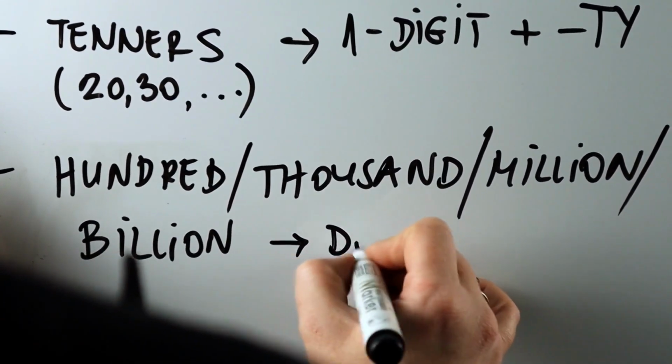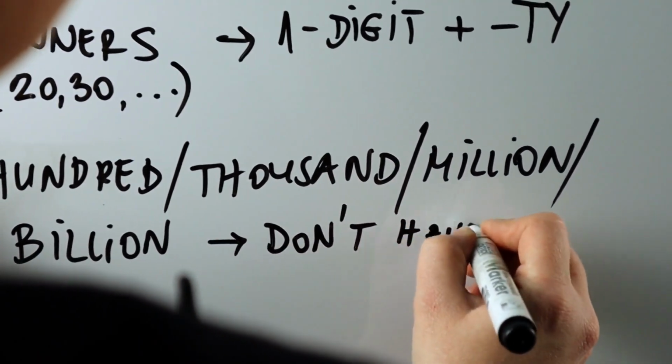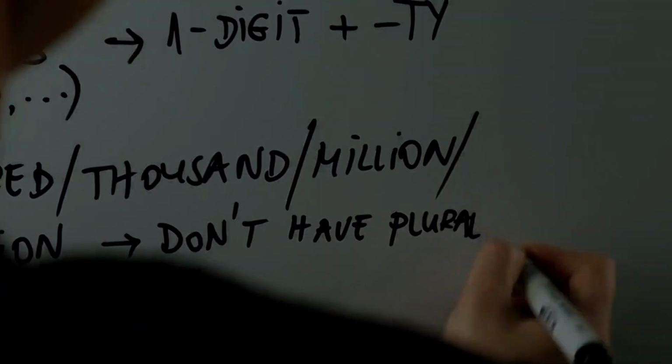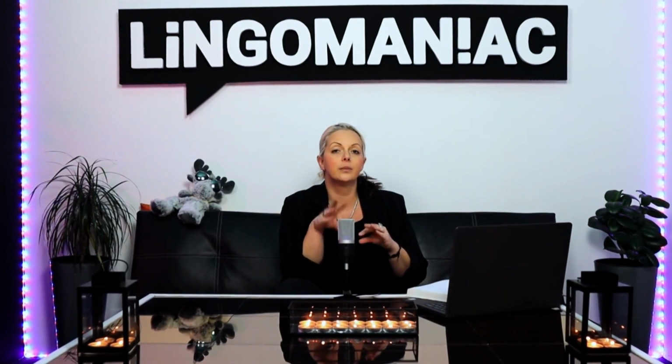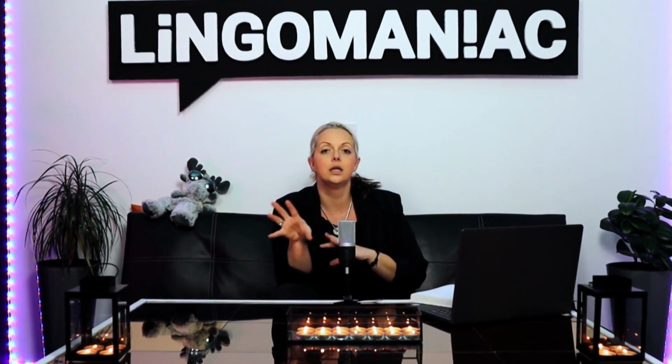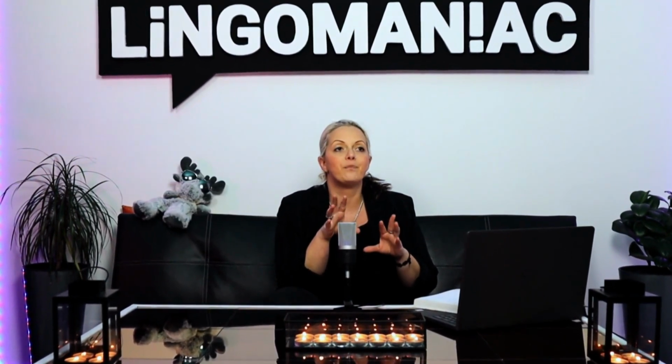Because they already represent a certain numerical quantity. But especially with 100, 1,000, million, billion, we never put those numbers in plural form, even though they are sort of nouns, because they always have to have a certain denominator of the quantity put in front of them.